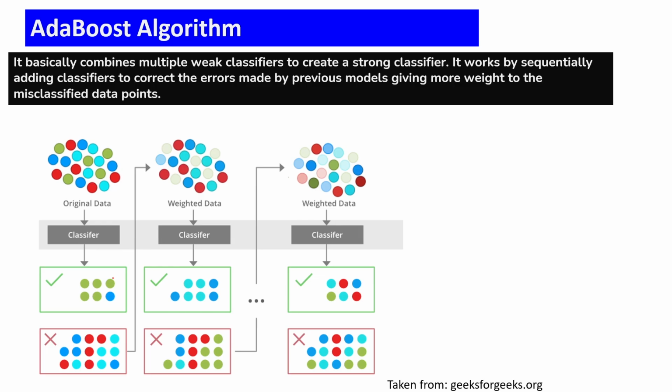So, initially the first learner will classify like this. It clearly shows that there is a lot of error. There is one blue ball, there are 5 green balls, all the red and other balls are removed, but the second classifier will take care of that and put more weights on these green balls, so that they can be removed, right, and it goes on like this.